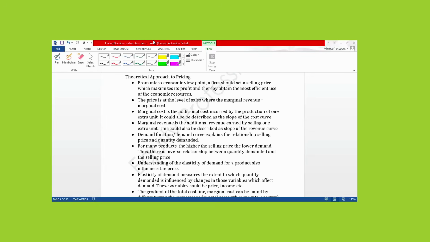What happened? Amarachi, what happened? Good evening, sir. I need to understand number two, the price is at the level of sales. I don't understand that part.